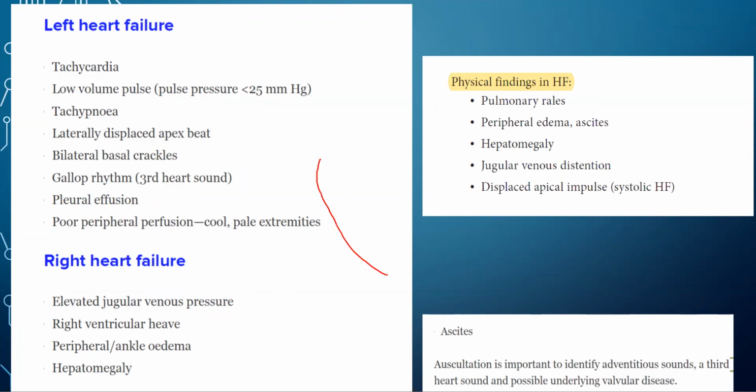Now look at this image. Let's just assume this is not your heart, obviously, but let's just assume this is your heart. Your heart has 4 chambers. This is the aorta, right? And this is the pulmonary trunk.